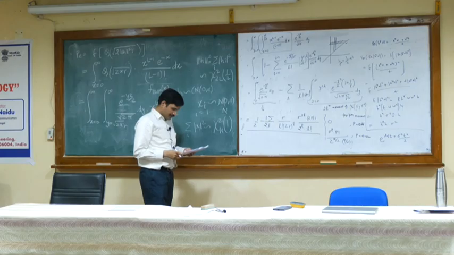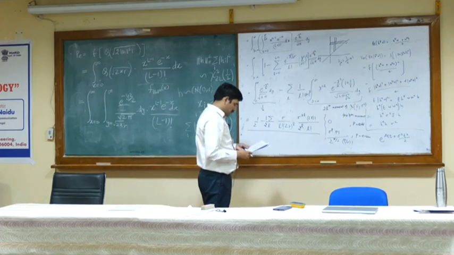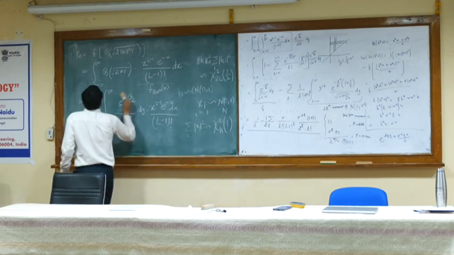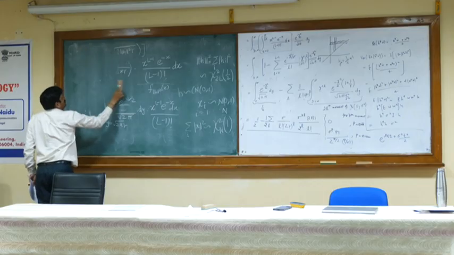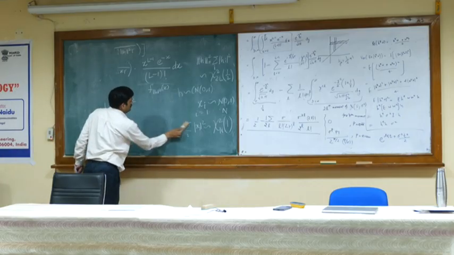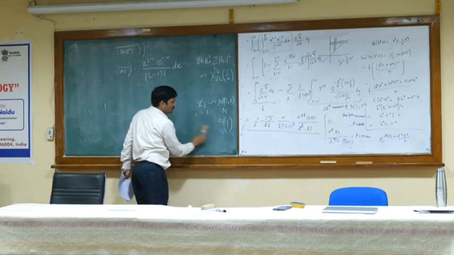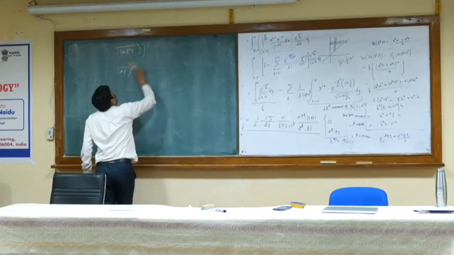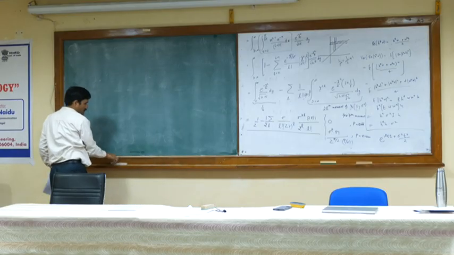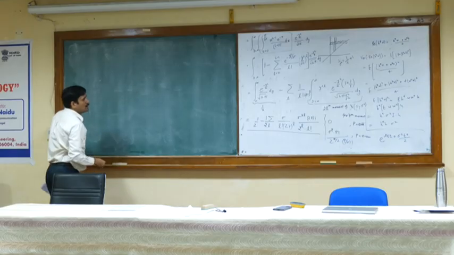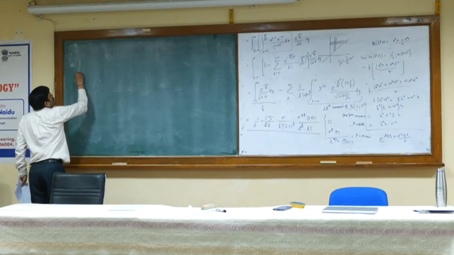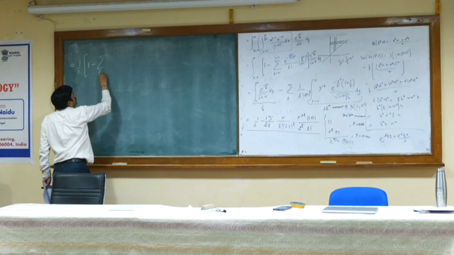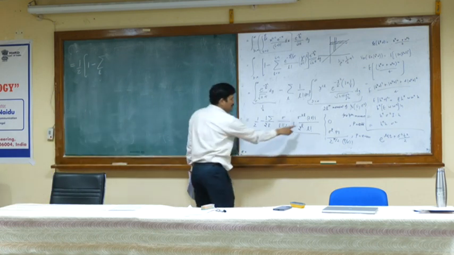Okay. So I can write 1 by 2, 1 minus summation over L.